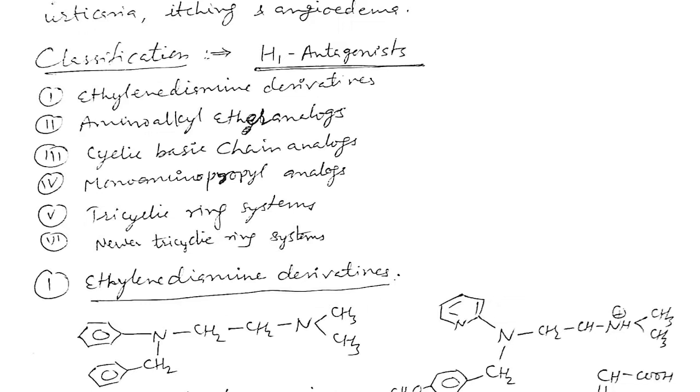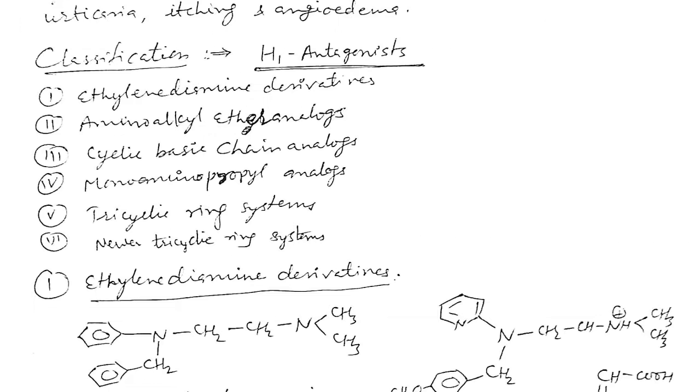Second, amino alkyl ether analogues. Third, cyclic basic chain analogues. Fourth, monoamino propyl analogues. Fifth, tricyclic ring system. And last, sixth, newer tricyclic ring system.